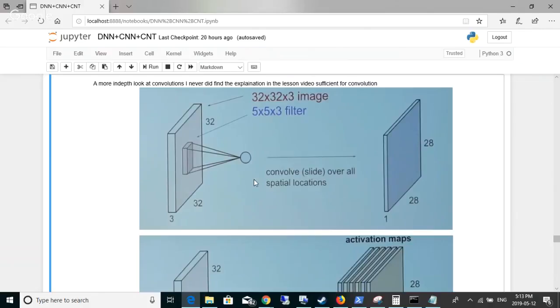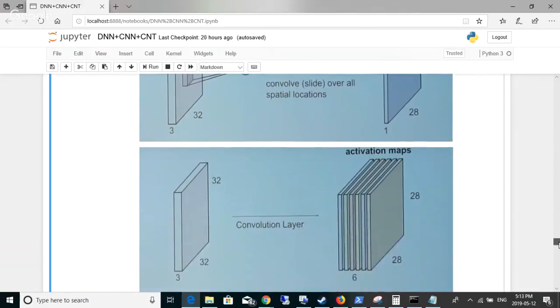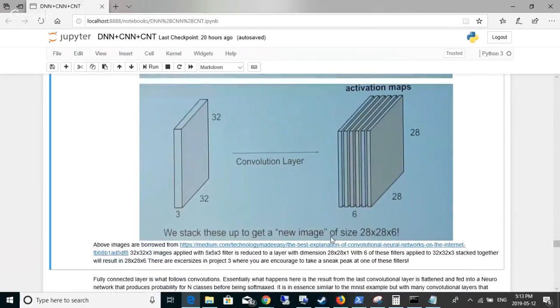Every 5 by 5 by 3 filter results in a scalar, so it flattens down like this. And if you do that 6 times, you get 28 by 28 by 6. So you have 6 activation maps here, like that.